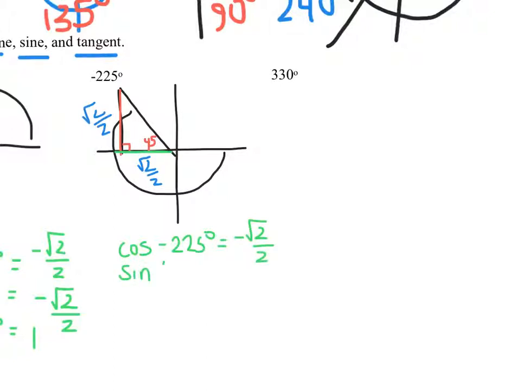The sine of negative 225 degrees is going to be positive root 2 over 2. And then the tangent of negative 225 is going to be opposite over adjacent, or sine over cosine. In this case, since the cosine is negative and the sine's positive, or the x is negative and the y is positive, it's going to be negative 1.